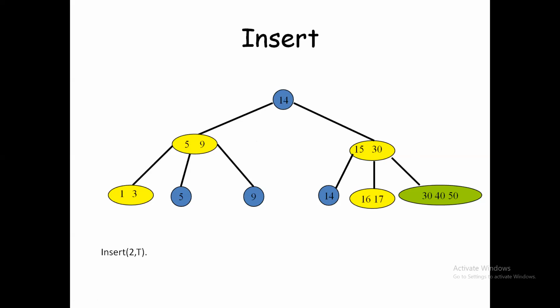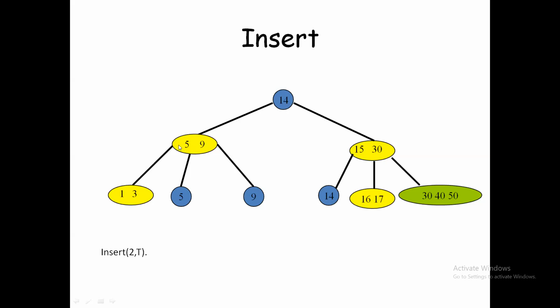Now I'm going to insert 2 in the tree. Whenever I insert a 2, it automatically comes to this position. It comes from the root node, directly to this node, and again it checks the keys. It is lesser than 5.